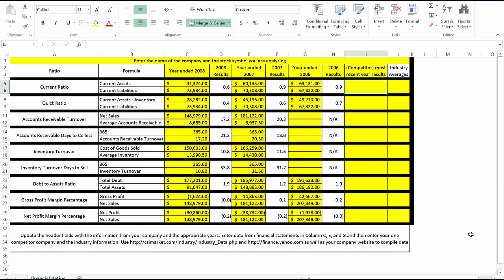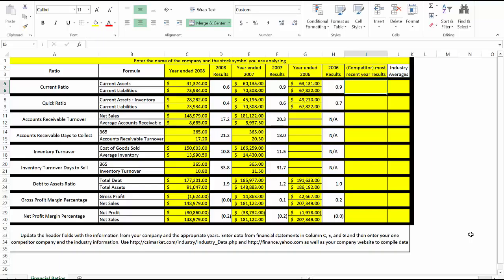So it's taking 21 days to collect their accounts receivable in 2008, and it took 18 days in 2007. So not horrible, and we don't have a whole lot of historical information about General Motors to know whether or not this is okay, but it is deteriorating just like the other ones are.